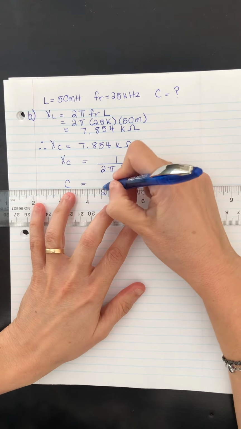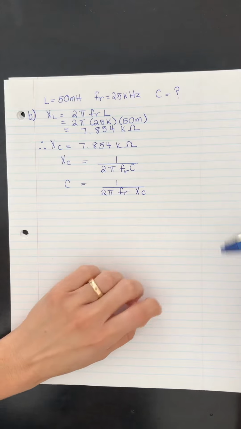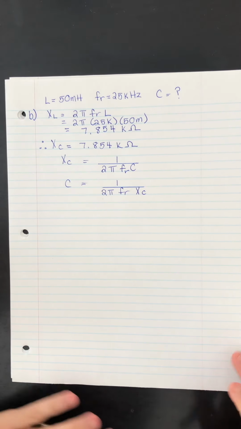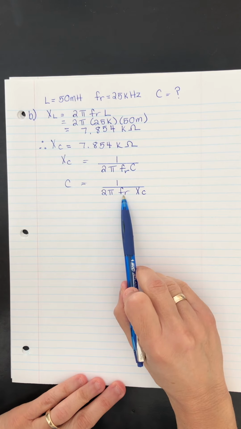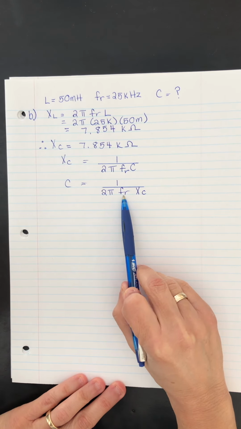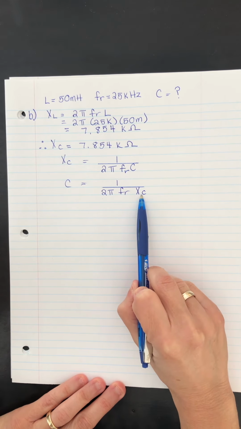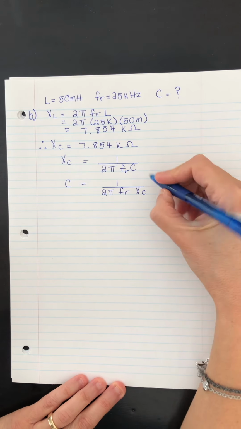That's the correct way to rearrange that formula. And now we would have 25 kilo here and 7.854 kilo here.